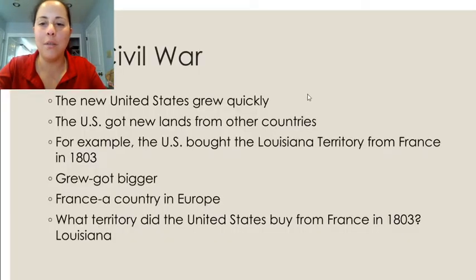Okay, so first we have the Civil War. The United States grew quickly. After we got the 13 original colonies, and those 13 original colonies became states, we grew quickly. We got very big.